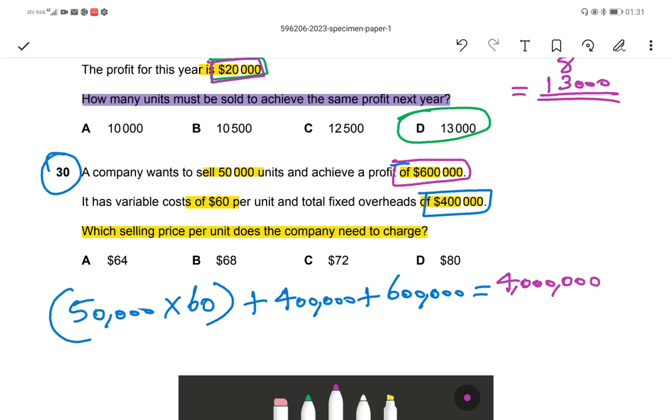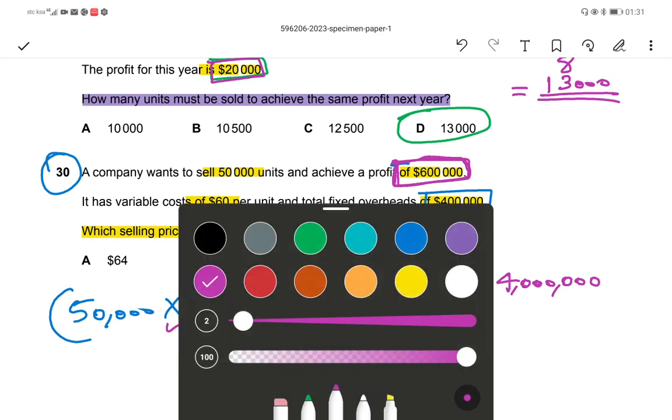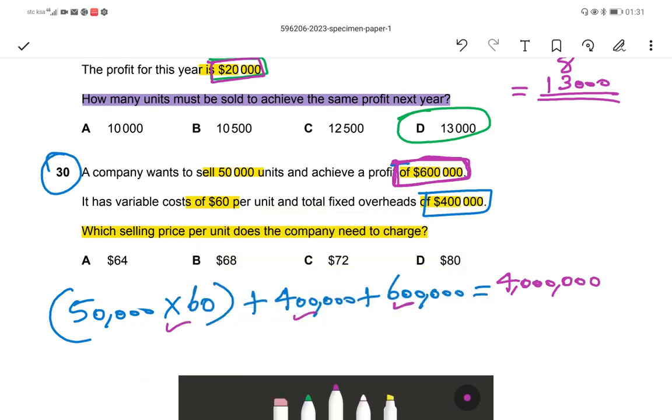With 4 million revenue, only then will they achieve 600,000 profit. So the question is what selling price should they charge? They have to get 4 million revenue, so per unit, when they are selling 50,000 units, what will be the selling price?